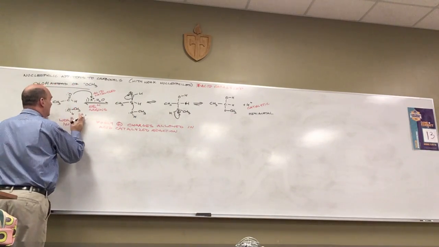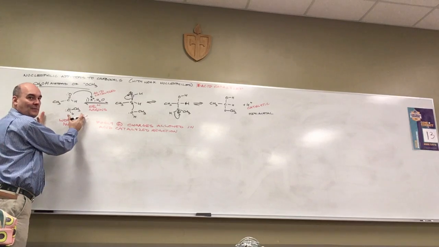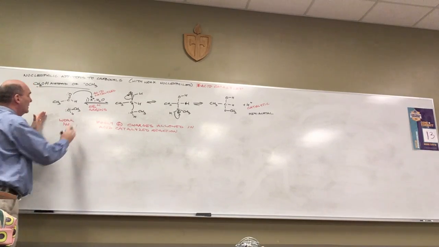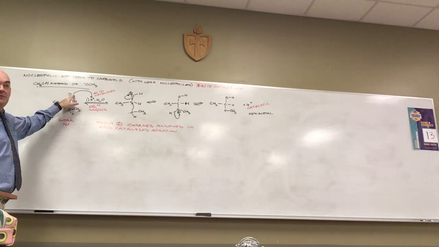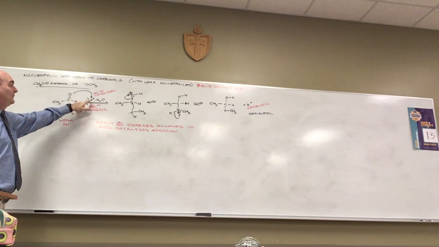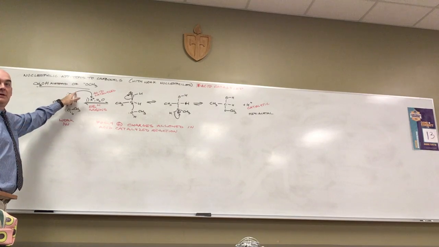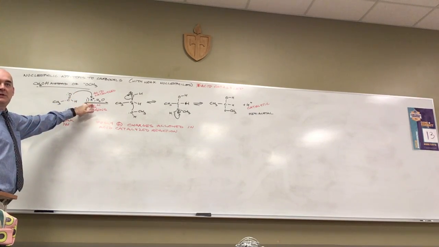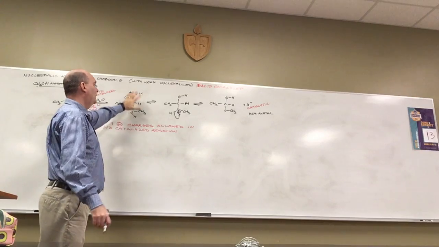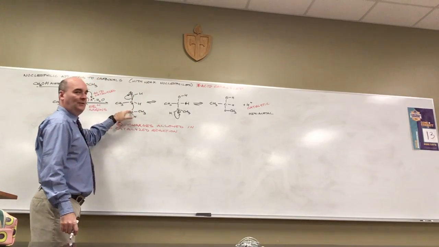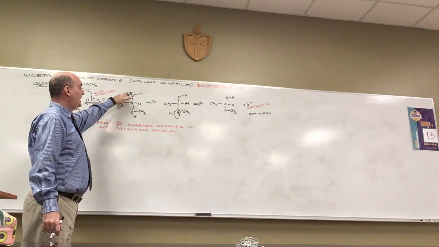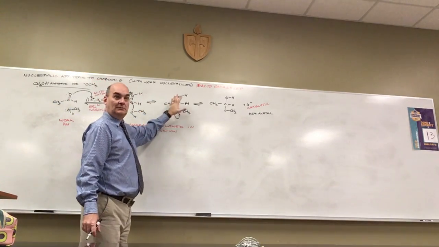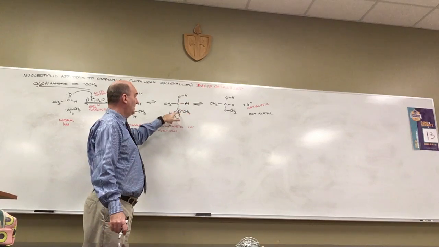Every single step of the mechanism: find the nucleophile. Find the electrophile. Let the nucleophile reach out to the electrophile, rationalize where your charges are. Find the nucleophile, find the electrophile, push the arrows, rationalize what you've got.